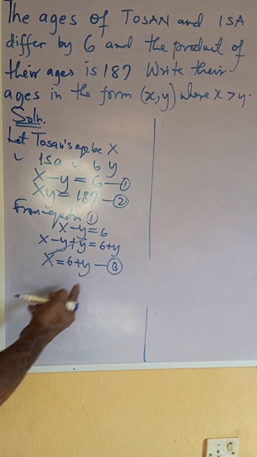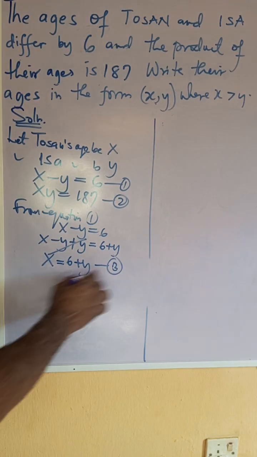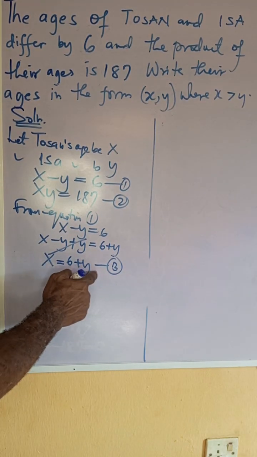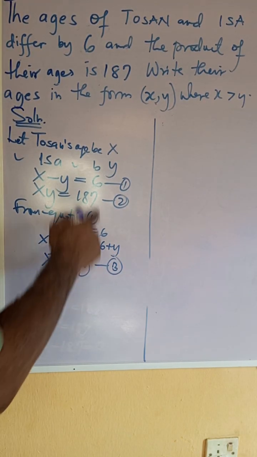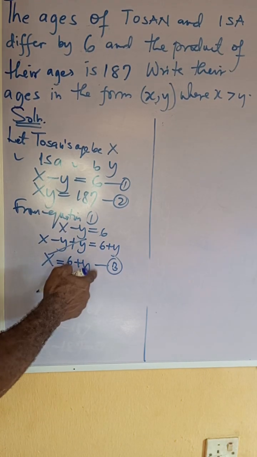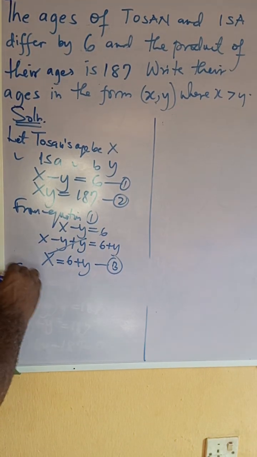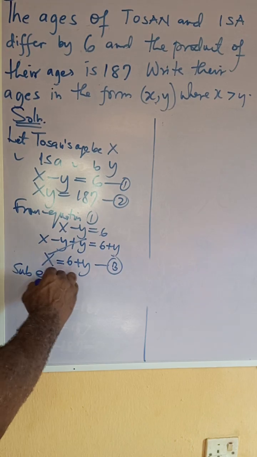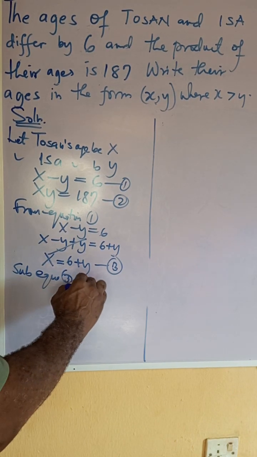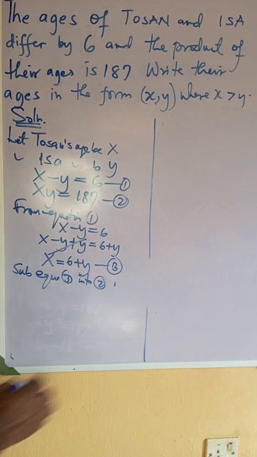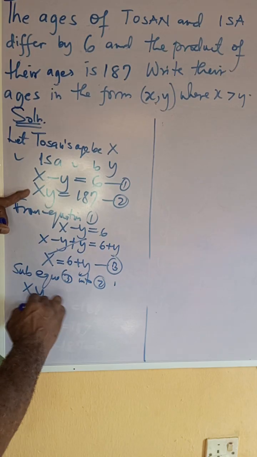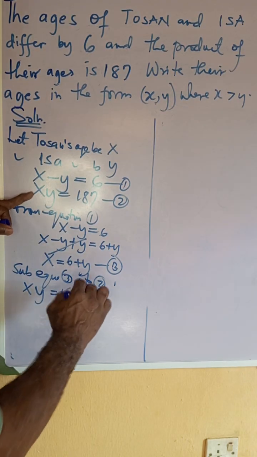Having done that, the next thing we should do is to substitute this equation 3, which we generated from equation 1, into equation 2. Equation 2 says xy is equal to 187.